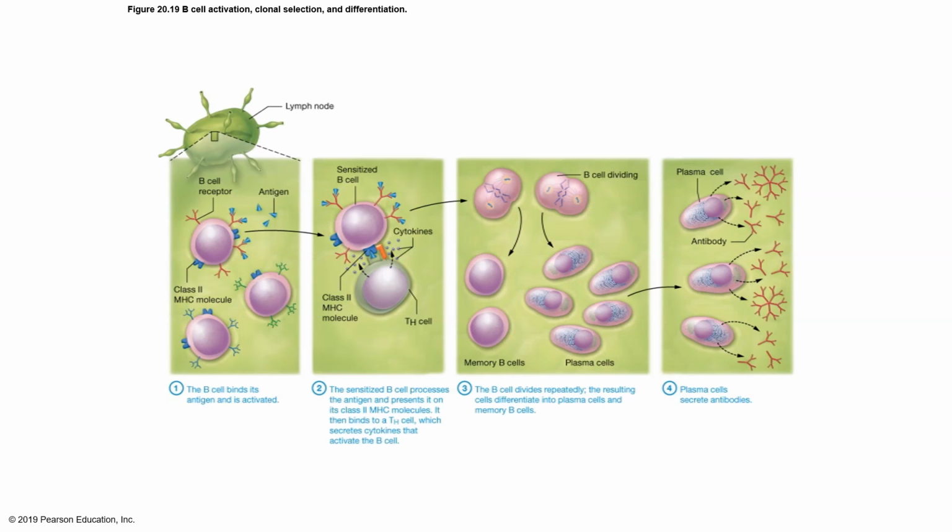So let's look at the process of first B cell activation, then clonal selection for that particular B cell, and then how it differentiates and changes form. So first, the B cell binds its antigen and is activated. Here's your lymph node, here's your B cell receptor, here's your antibodies. And these are your antigens out here. Here's your class 2 MHC molecules.